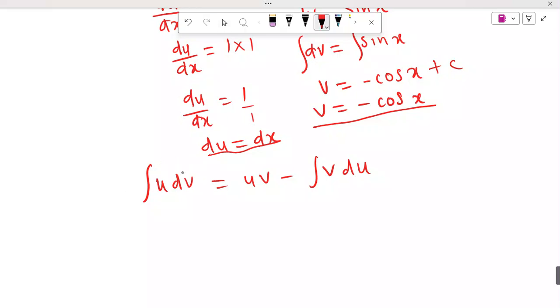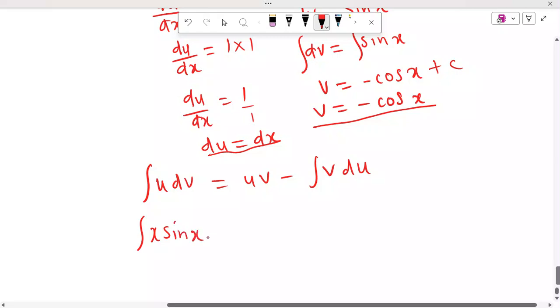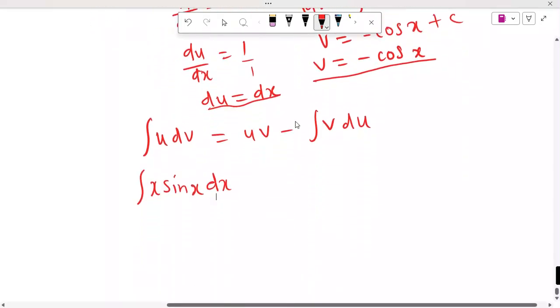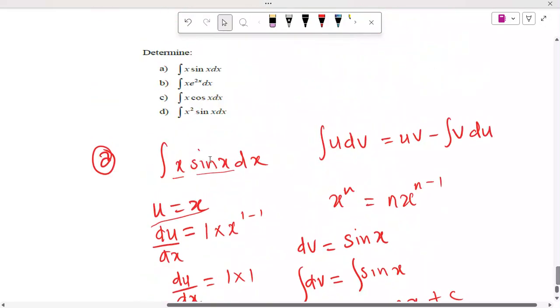This is the same as the question you have been given, x sine x dx. dv is just sine x. In short, I'm just saying we are integrating this function.